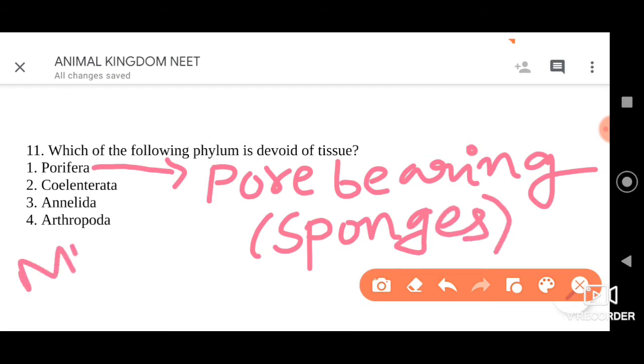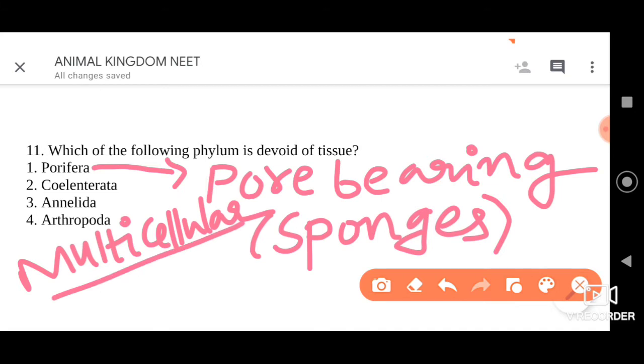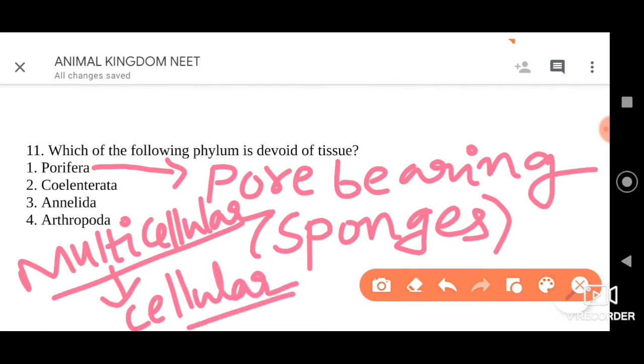Note the point, they are multicellular, but even though they are multicellular, they have cellular grade of organization. It is very important to note that in case of poriferans, or pore bearing organisms or sponges, these organisms are multicellular, where cells do not organize to form the tissues.